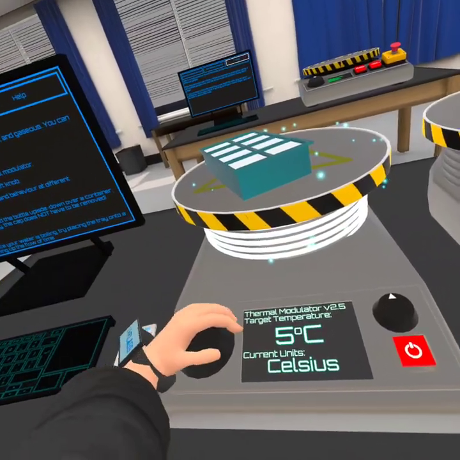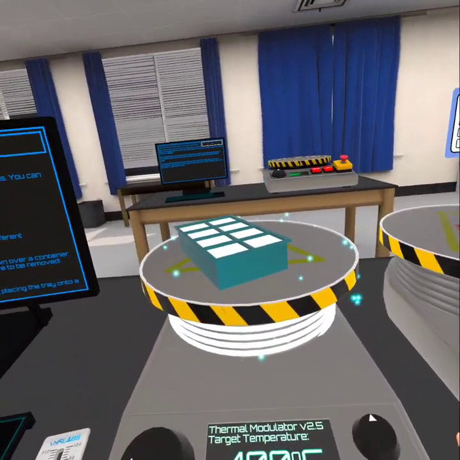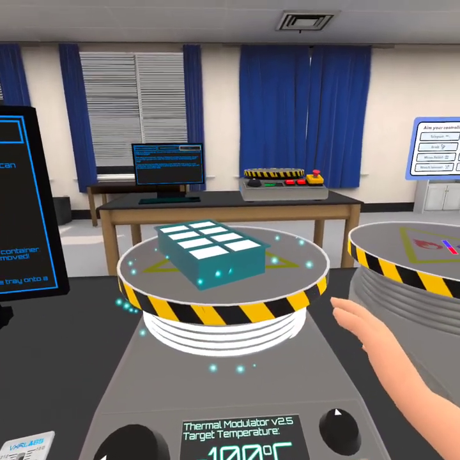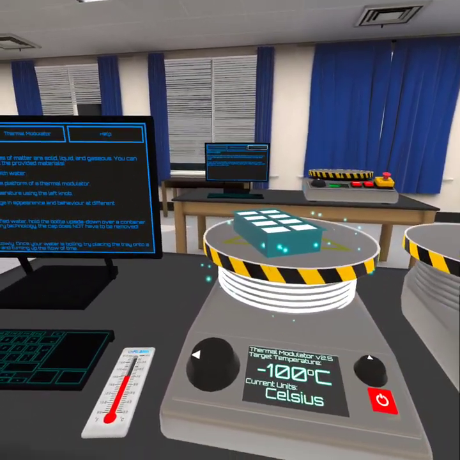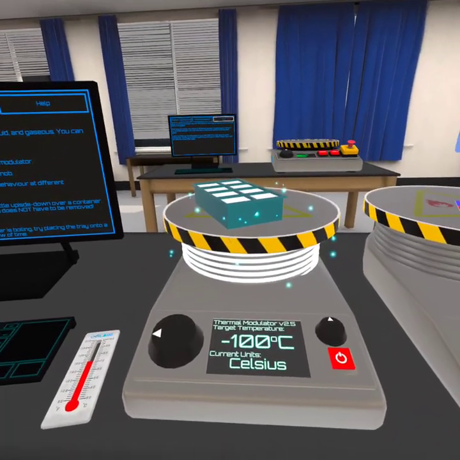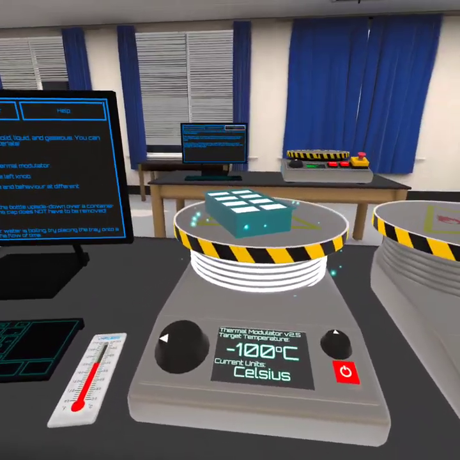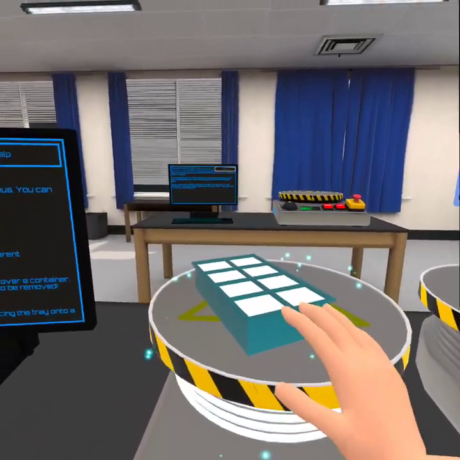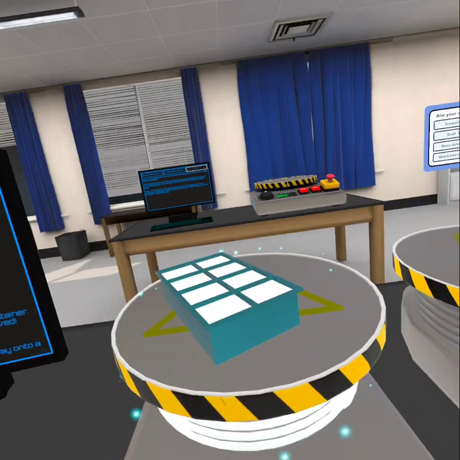So for that I will simply go down to minus 100 degrees, and you can see these burning flames are changing into snow now. Because I have decreased the temperature to minus 100 degrees Celsius, within nanoseconds this whole ice cube tray will change into a solid form.